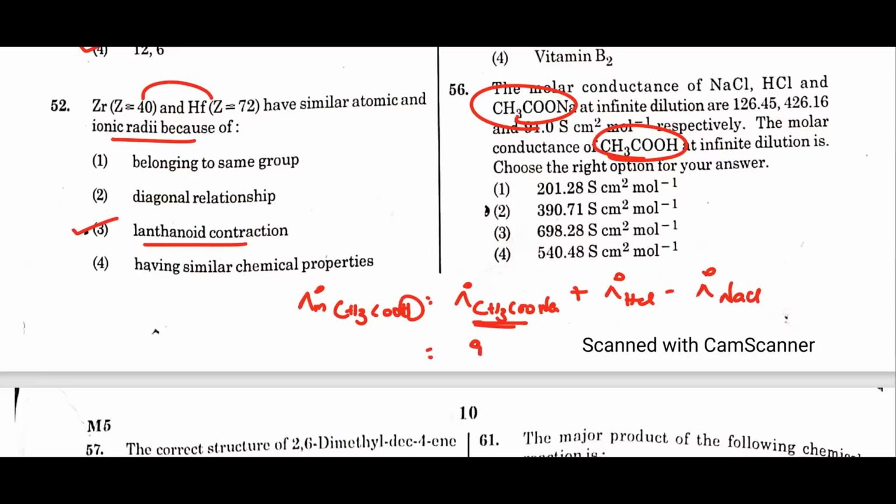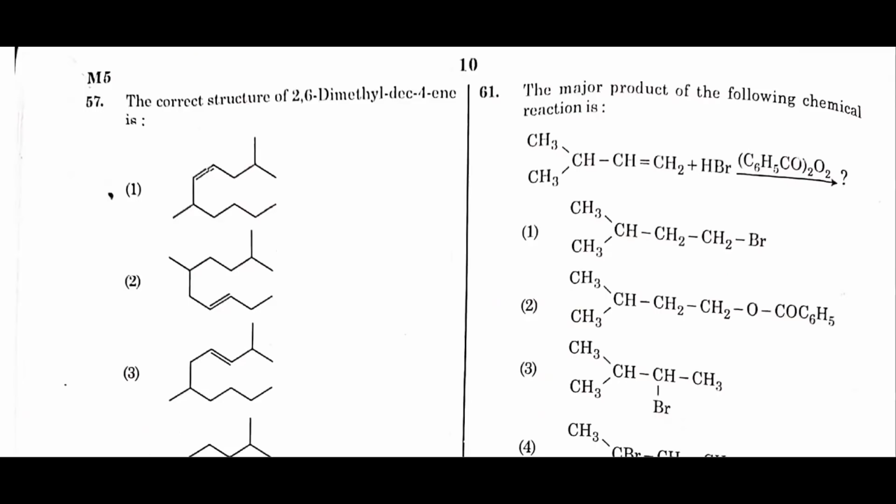Just add it: 91 plus 426.16 minus 126.45, you will be getting around 390.71. To make it in a short time, I'm doing it a little bit fast here.